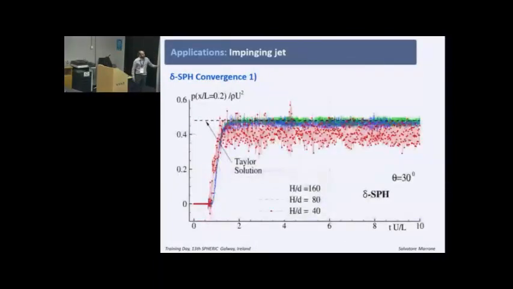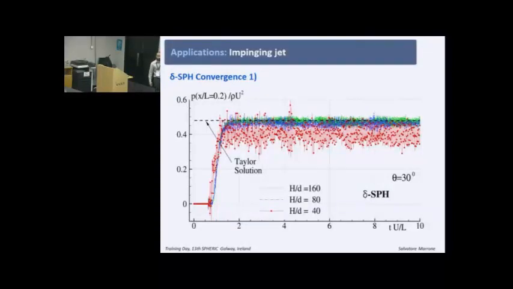And this is a convergence test. We increase the particle number inside the width of the jet by keeping the same number of neighbors. So the number of neighbors is always 50 inside the support of the kernel, and we just reduce the size of the particles.